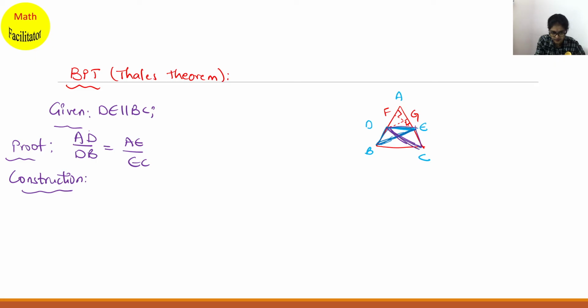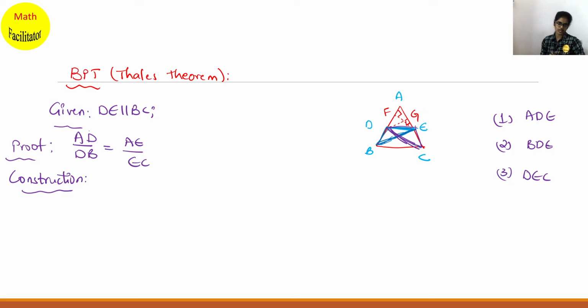So we have three triangles here. The first is the upper triangle ADE. Then down, you have two triangles: one is BDE, and the second is DEC or CED.